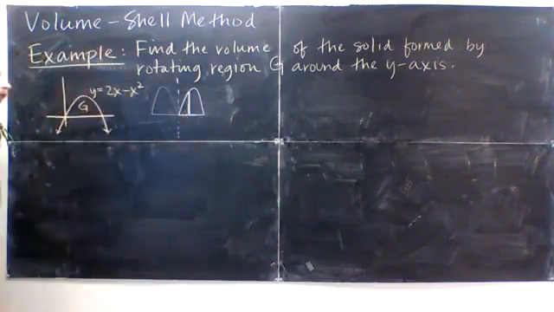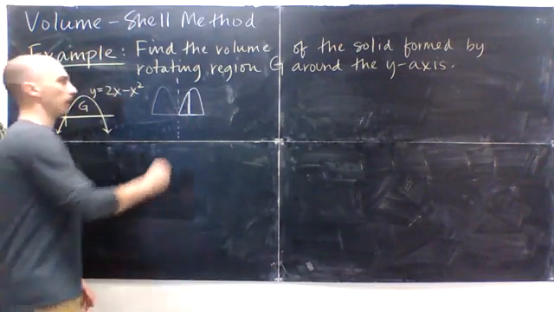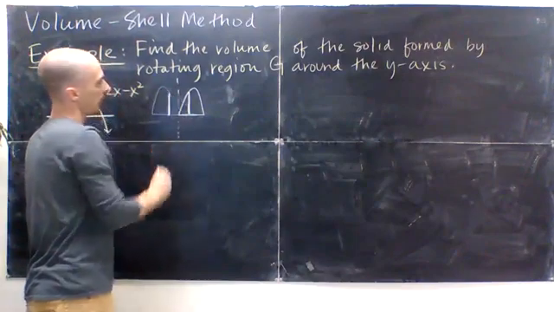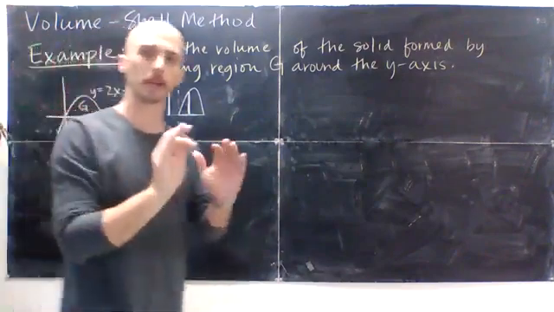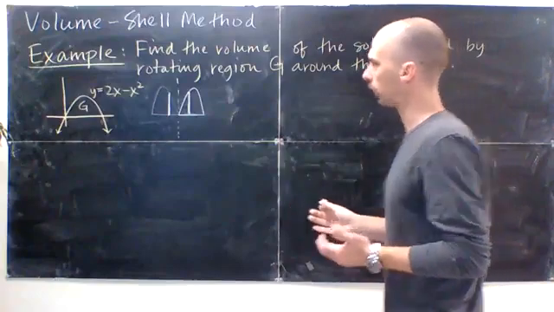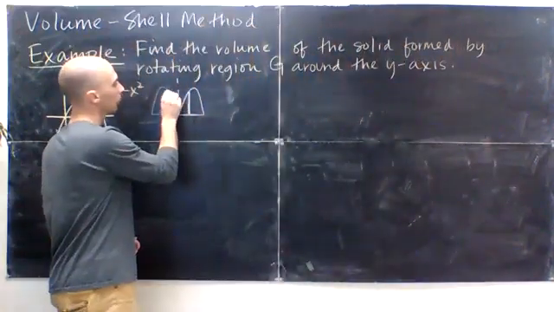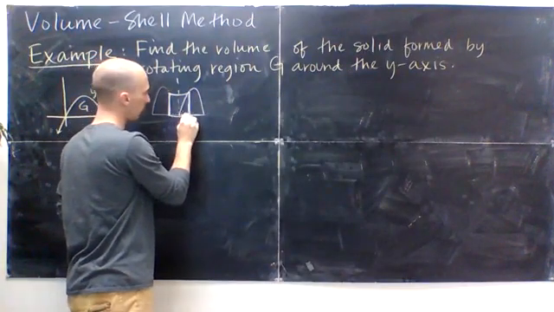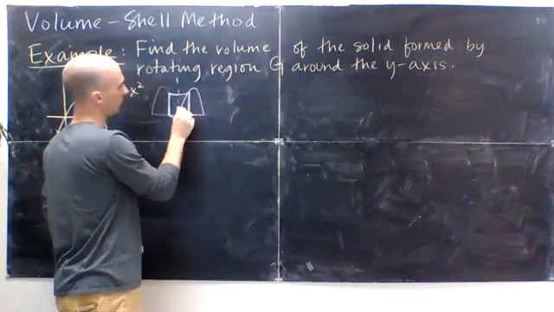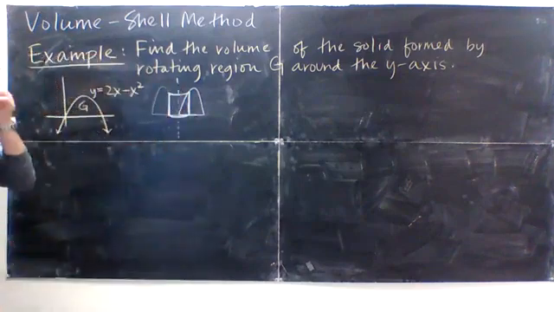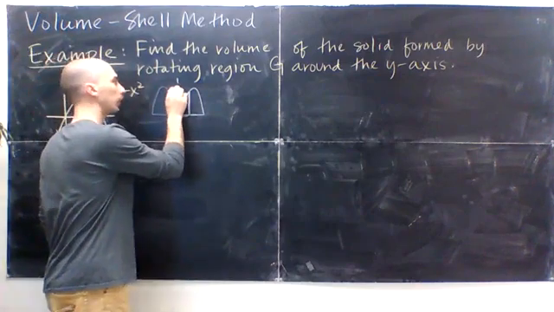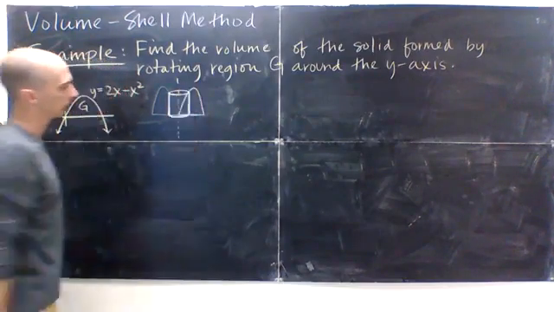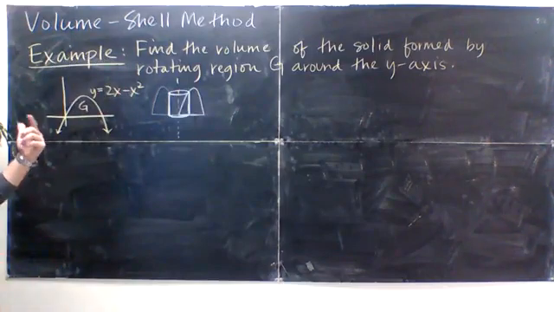I'm going to have this kind of mirrored image there, and this is going to make like a band, right? That's about what's going to happen, and then that'll be the front of it. There will also be a back, obviously, because we're rotating this thing around the y-axis. All right, and that's one of my shells.